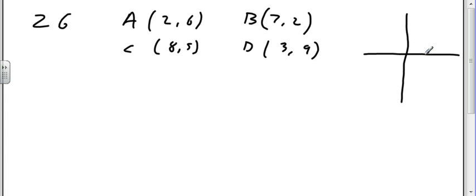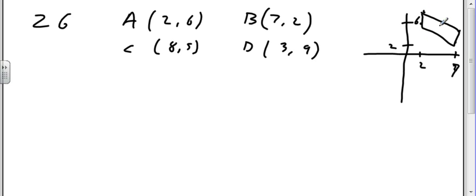All right, so we'll go to 6, and we're there. And then we're going to go to 7, 2, and we're here. And 8, 5, and we're there. And 3, 9, and we're there.